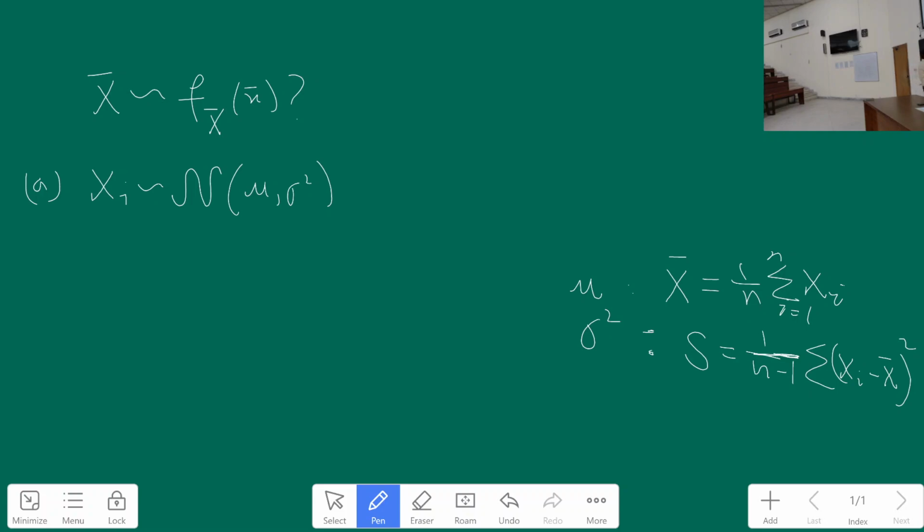Then it can be shown that X bar is normally distributed with mean mu x bar and variance sigma square x bar, where the mean mu x bar is the same as the true mean, and sigma x bar square is the true variance divided by n.